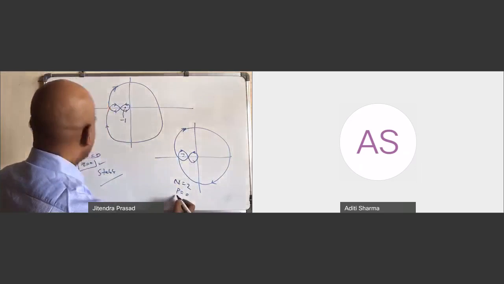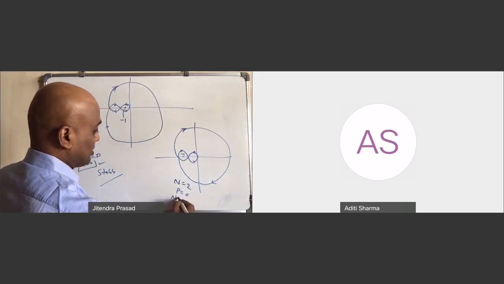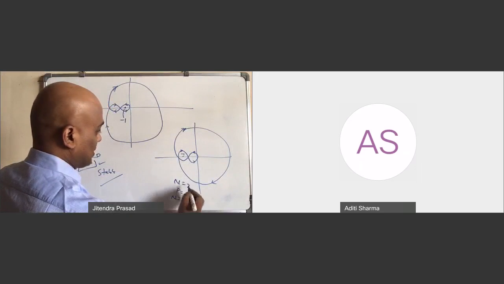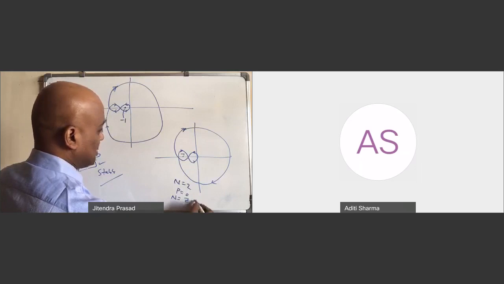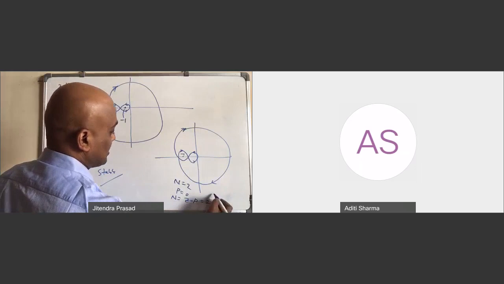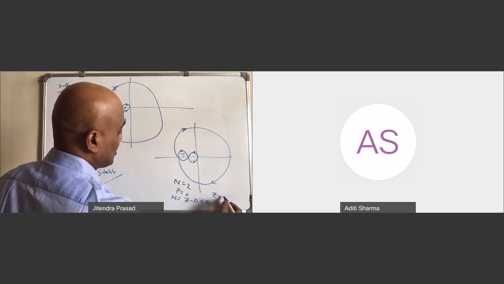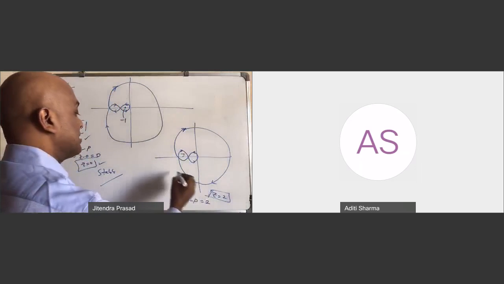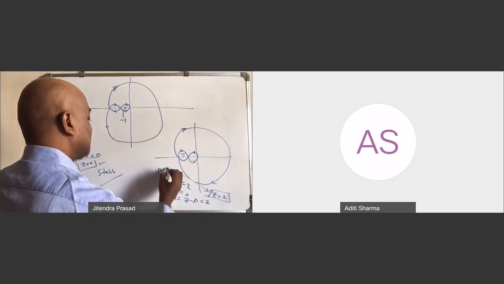In this case, we have N equal to Z minus P, which is equal to 2, and hence we know that Z equal to 2. So there are two zeros inside the original S contour, hence this is not stable.